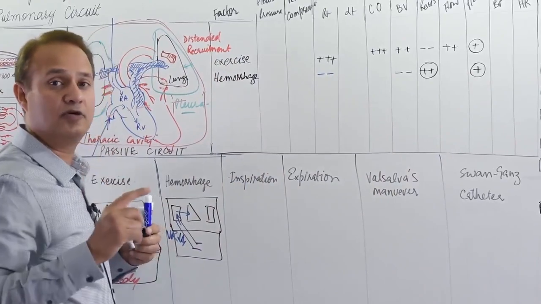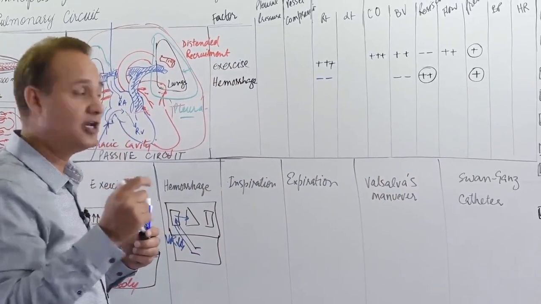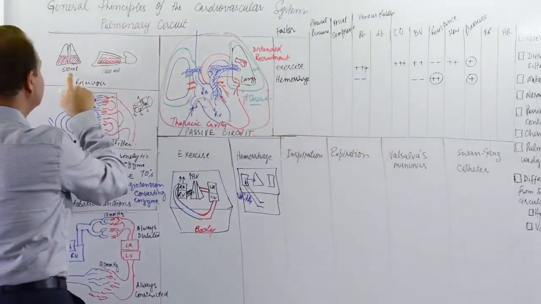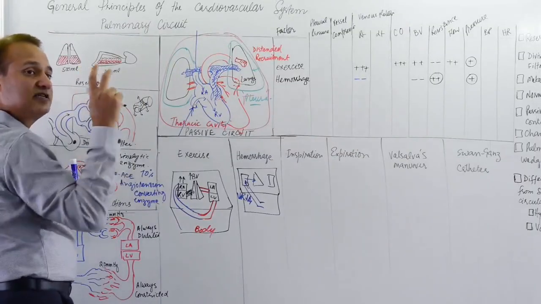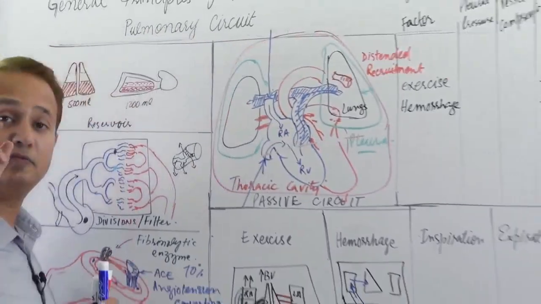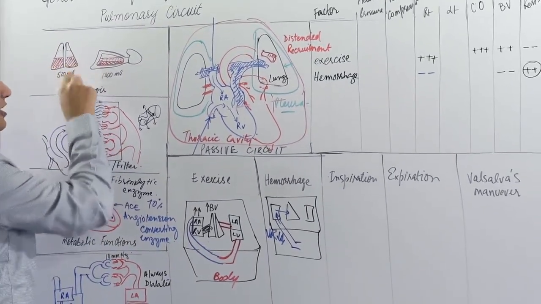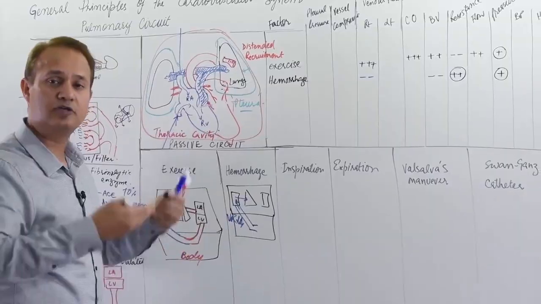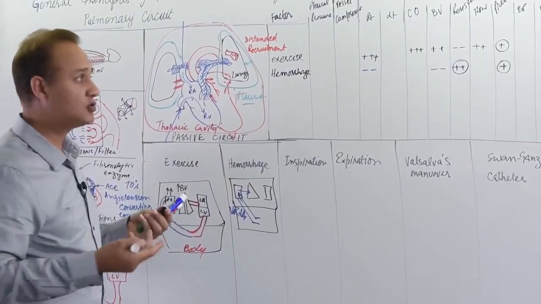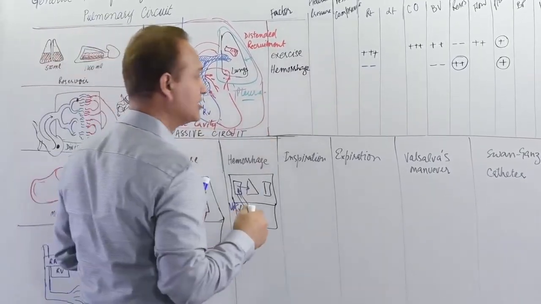The volume will go down because the resistance has increased. So that reservoir, this 500 milliliter, because of the constriction of the pulmonary vessels, some of this 500 milliliter will be donated to the body to try to compensate for the hemorrhage. So that is an important aspect to keep in mind.